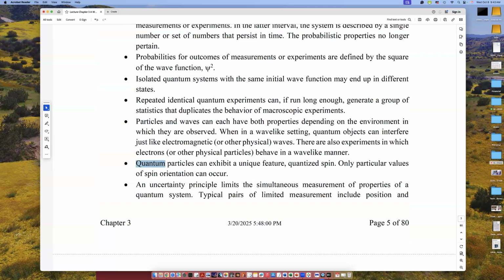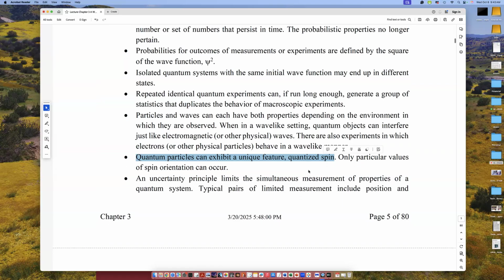We also learned that quantum particles can have what is euphemistically called spin. Nothing's actually spinning. What this means is quantum particles in general have magnetic properties. And it's fortunate that they have those magnetic properties, because that offers us a handle on probing the structure of quantum systems.